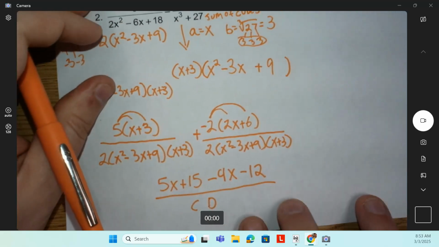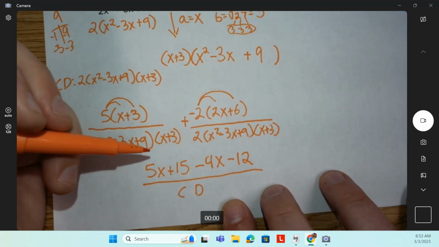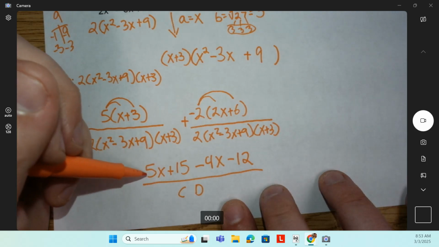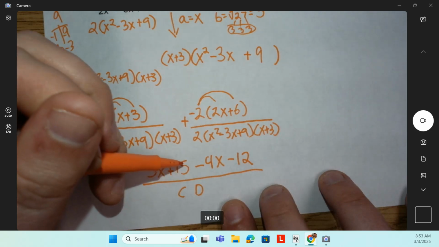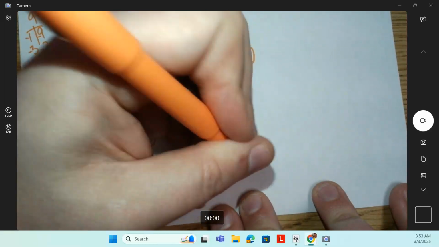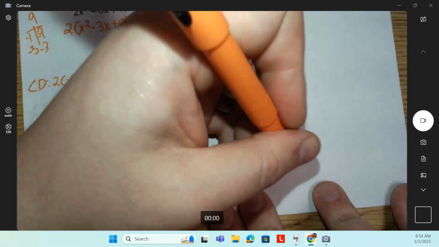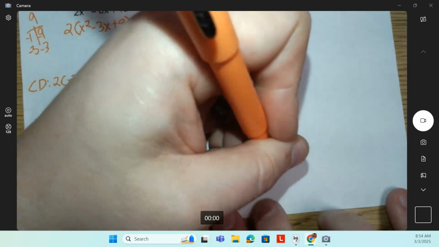So just to save a little bit of time there, put CD for my common denominator. And I'll have 5x minus 4x gives me just an x. 15 minus 12 gives me plus 3.